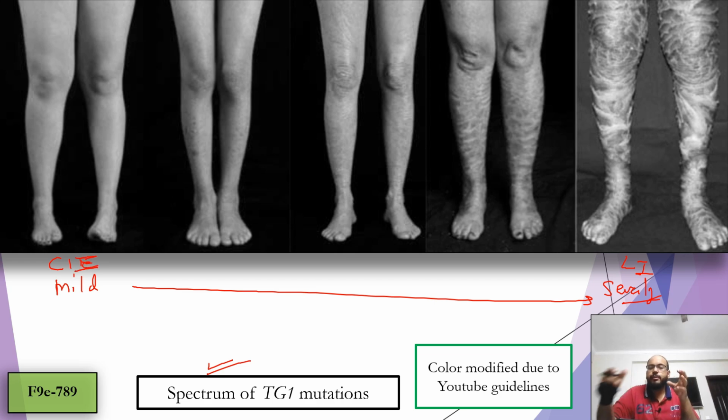So we can see that the mutation is still in one protein, transglutaminase 1, but it can manifest as a variable disorder, with variable thickness of scales and variable involvement of the body. So you can understand the concept that multiple proteins can be involved in the spectrum, and with multiple intensities also. Let's move on.